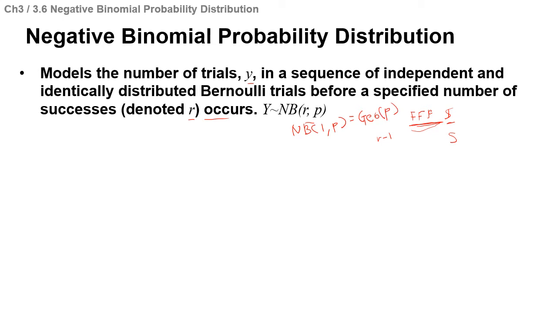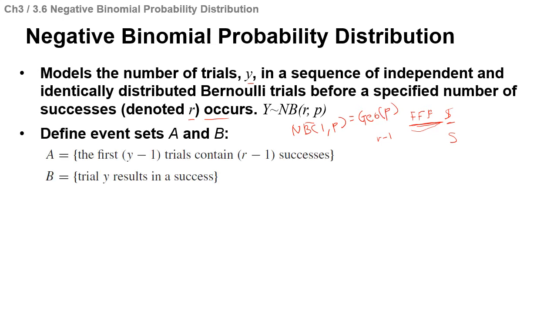Okay, so let's define these two events, set A and B. The set A is that the first y minus 1 trials contain r minus 1 successes, and the event B is that trial y results in a success.